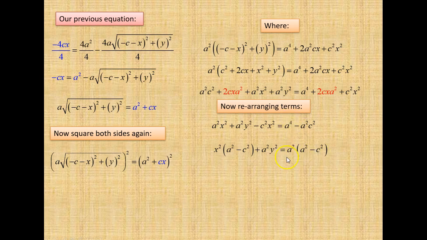We just factored out an a squared. If we multiply through again by a squared, you get a squared times a squared is a to the fourth. A squared times minus c squared is a squared times c squared. So we just factored out.